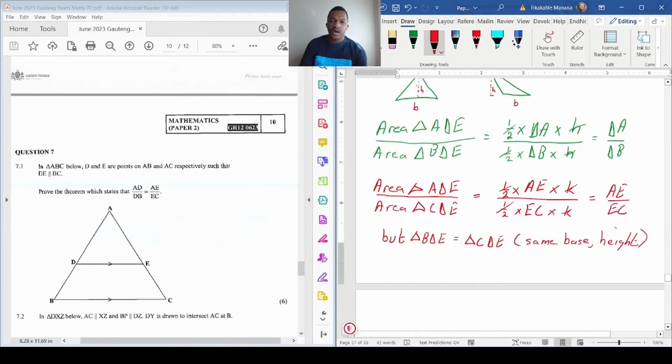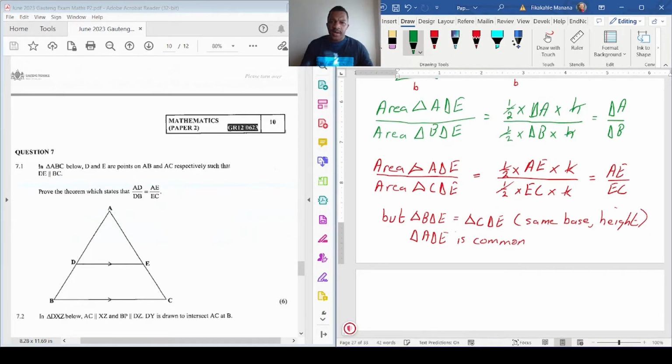Also, the top ones, triangle ADE, is common, right? So ADE is common. Once we've realized that the top triangles are common in the fraction, and also the bottom triangles are equal, then we can literally equate them.